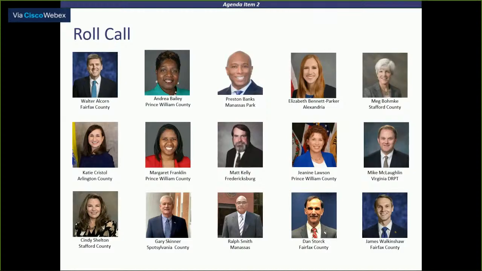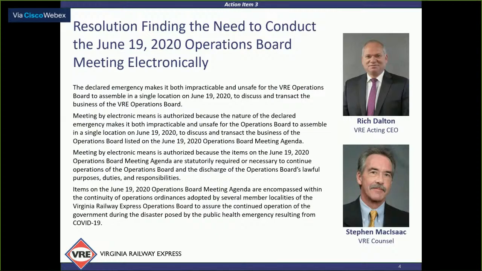Thank you very much. We have a preliminary resolution necessary to conduct this virtual meeting. Rich will give the board an overview of item number 3. Thank you, Mr. Chair. This is action item 3, finding the need to conduct the June 19th, 2020 meeting electronically.